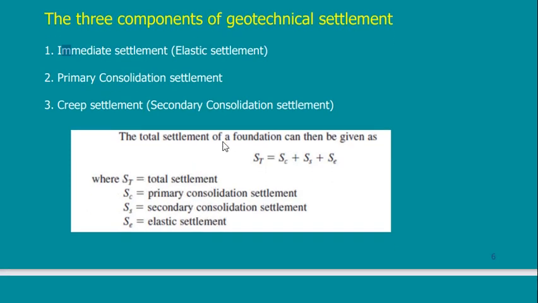So this is our equation. ST, which is the total settlement, is equal to SC, the C means consolidation, so SC means consolidation settlement.